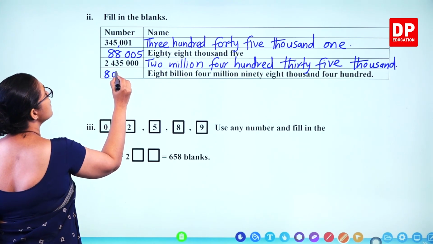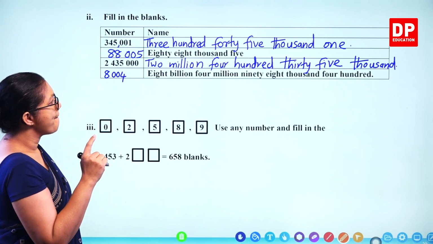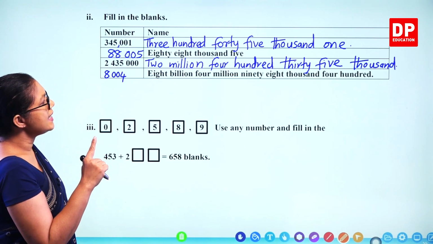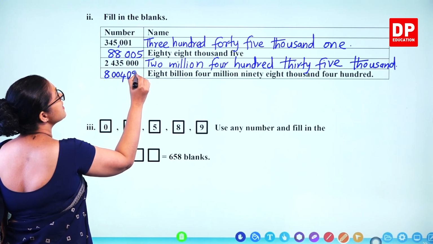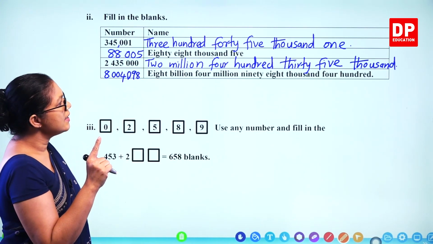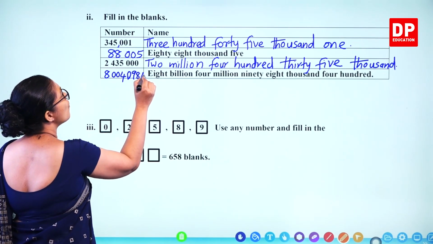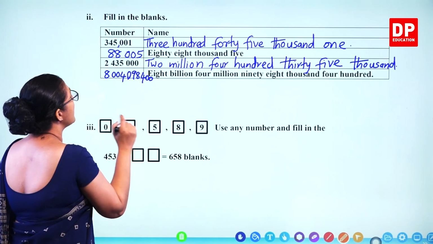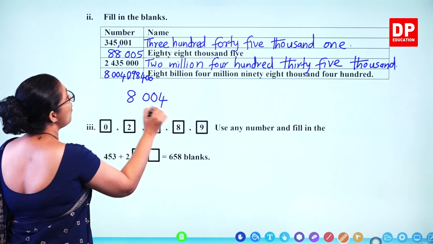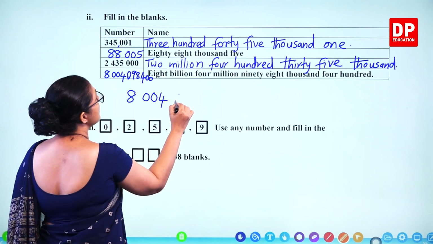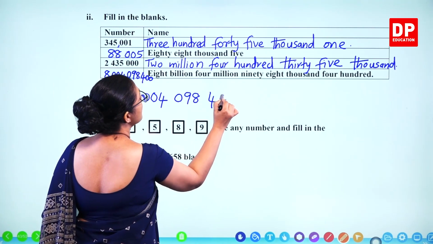So here 004. 4 million. 98,000. 098. 98,400. 400, so we'll write it here. 8 billion. 4 million. 98,400.